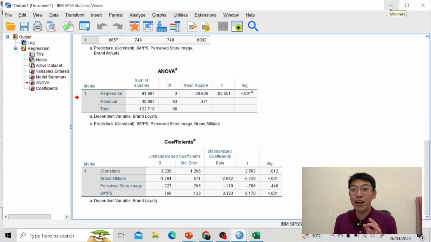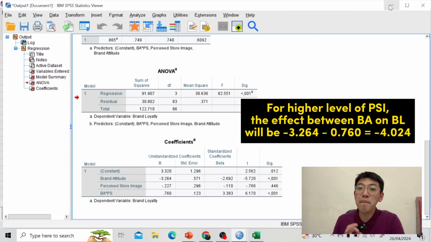However, for lower level of perceived store image, the coefficient will be minus 3.264 minus 0.760. So for higher level it is plus, for lower level it is minus. It will be minus 4.024.